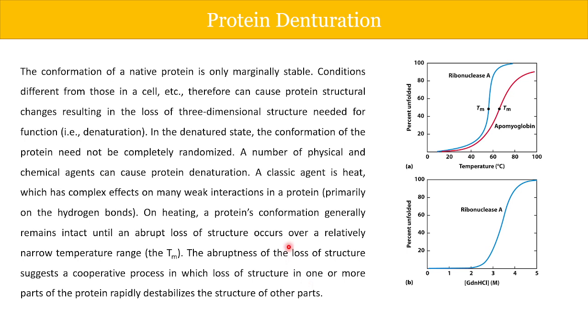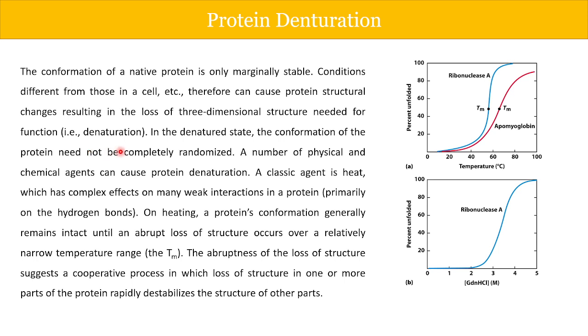So what does this protein denaturation idea tell you? The conformation of a native protein is only marginally stable. Conditions different from those in a cell can therefore cause protein structural changes, resulting in the loss of the three-dimensional structure needed for function.